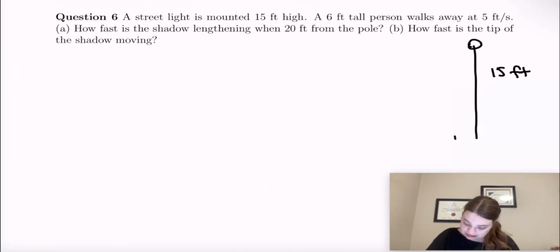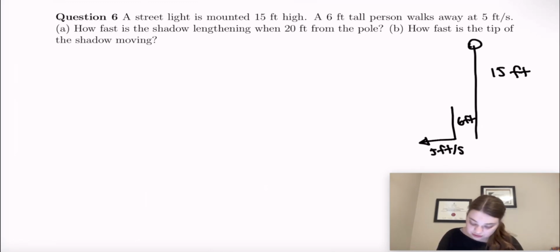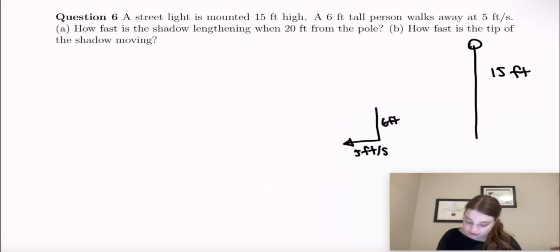So the person is 6 feet tall and they're walking away, say this way, at 5 feet per second. We're looking at the moment when the person is 20 feet from the pole, when this distance here is 20 feet from the pole.